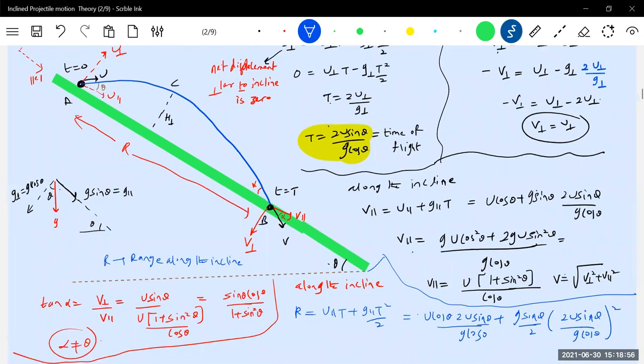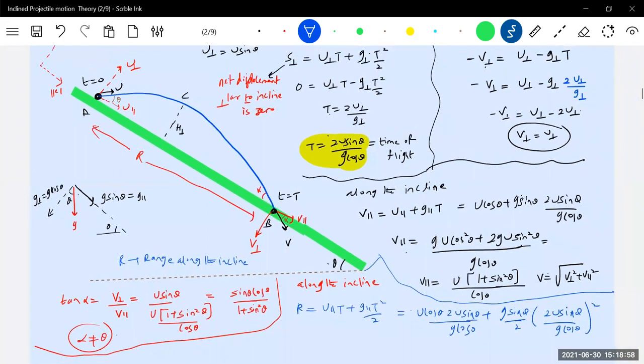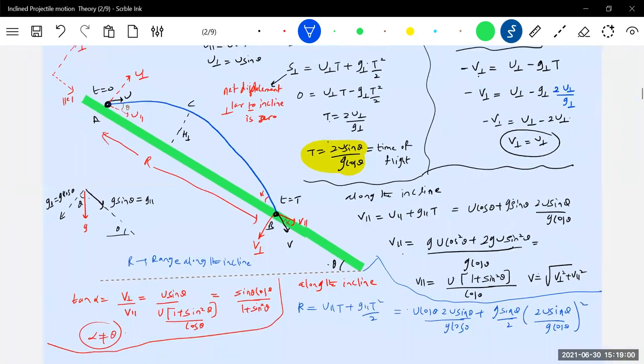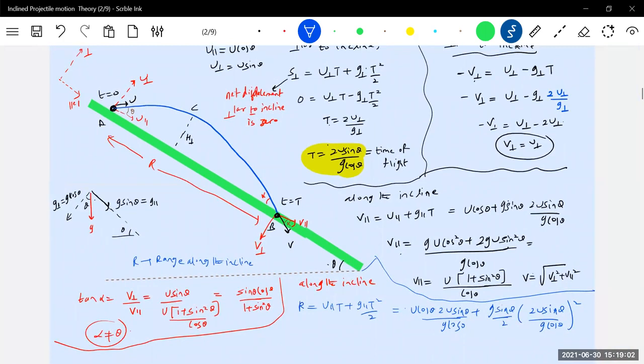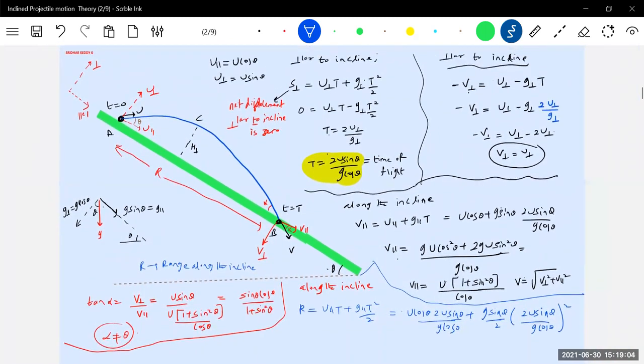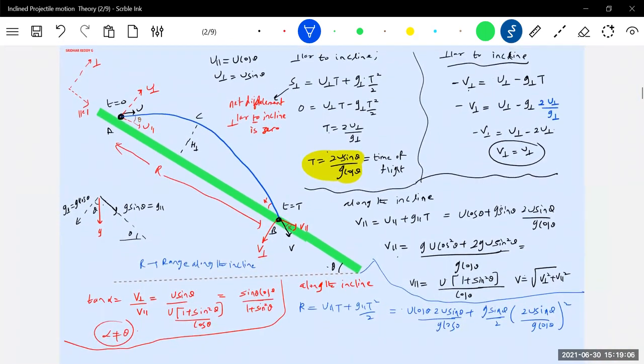Almost everything we have just dumped here in one page. All different quantities is what we have determined.